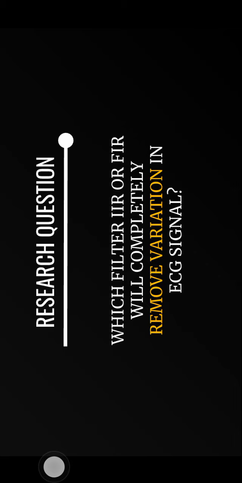The research question in this paper is which filter, IIR or FIR, will completely remove the variation in the ECG signal. Here we have compared a FIR filter and IIR filter to find the most efficient and effective filter among them.